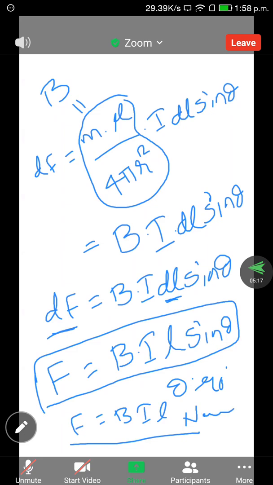So the force existing on a conductor is given as F is equal to BIL sin theta, and if theta is 90 degrees, the equation becomes F is equal to BIL Newton. This is the force acting on a conductor in a magnetic field.